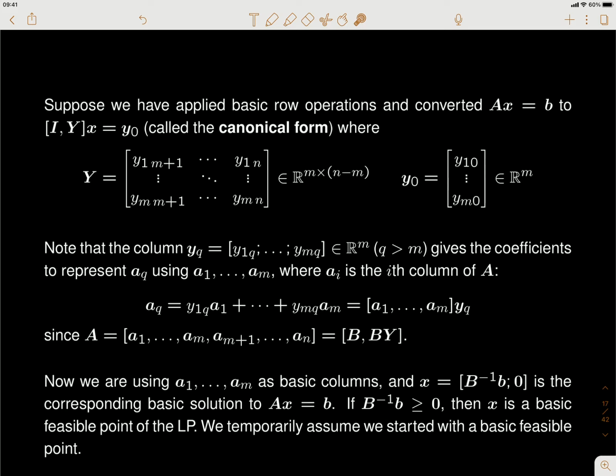And this y0 is the B inverse times the vector b as before. Okay, we write it in this way because we're going to use these y's in the derivation of the simplex method.